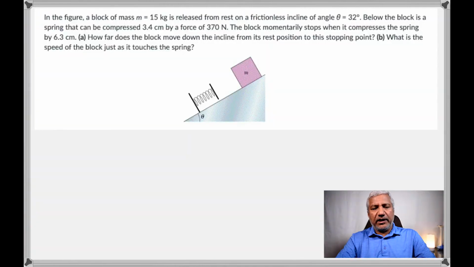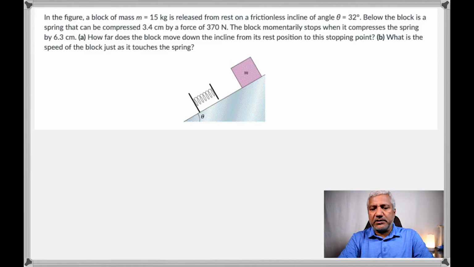There is one more problem that I want to do, and this would be the most important problem in this chapter. In the figure, a block of mass 15 kg is released from rest on a frictionless incline of angle 32 degrees. Below the block is a spring that can be compressed 3.4 centimeter by a force of 370 newtons.